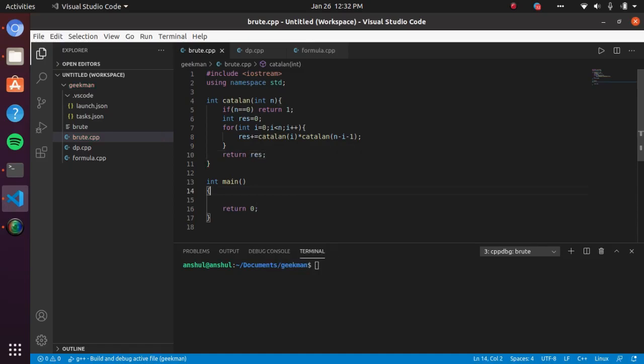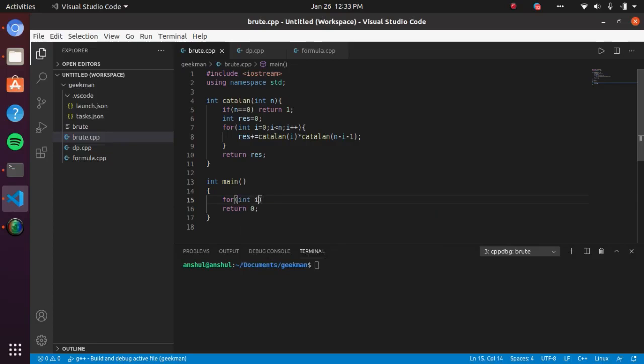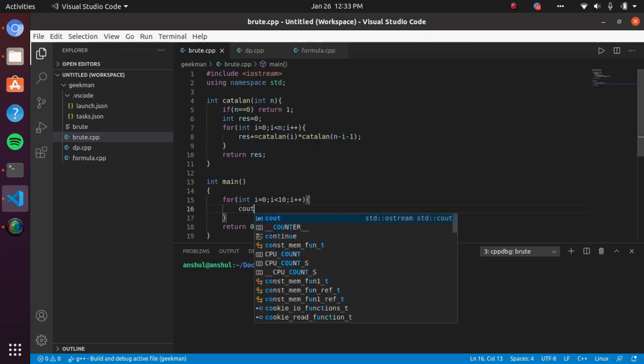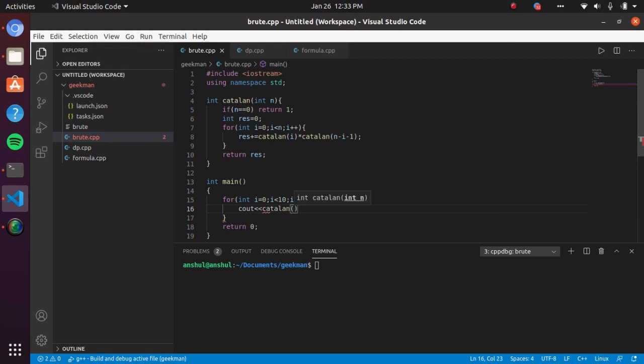So let's now take input and we are going to run it. For i less than 10, we are going to see the 10 series, I mean the first ten elements of the Catalan numbers, and cout Catalan i.